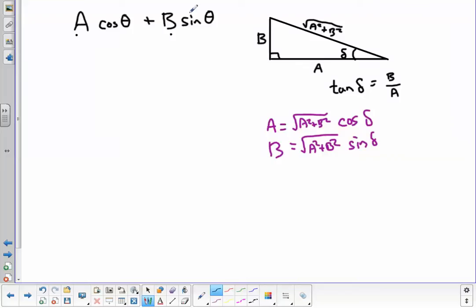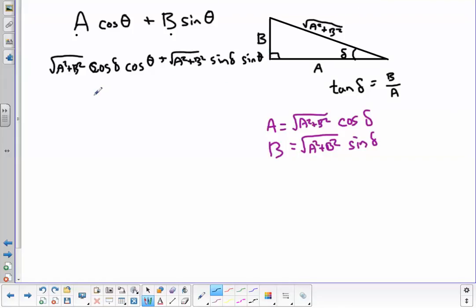So I can turn my expression here into the square root of a squared plus b squared, times the cosine of delta, and then the cosine of theta that we already had, plus the square root of a squared plus b squared, times the sine of delta, times the sine of theta.